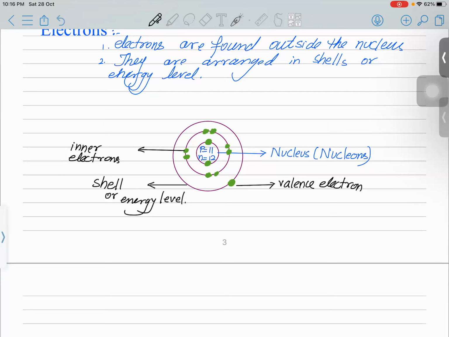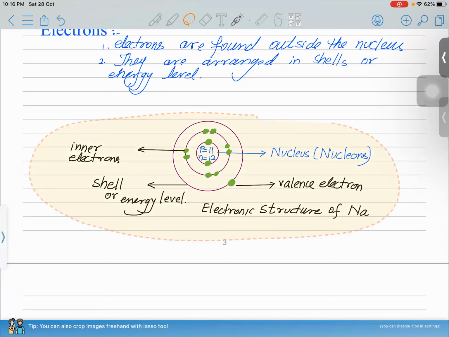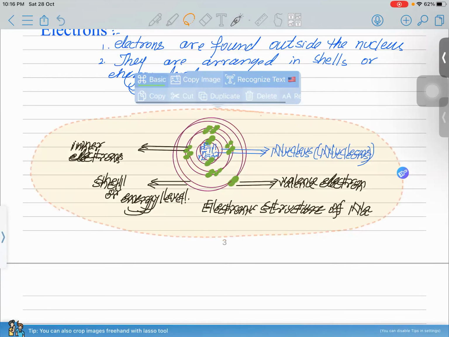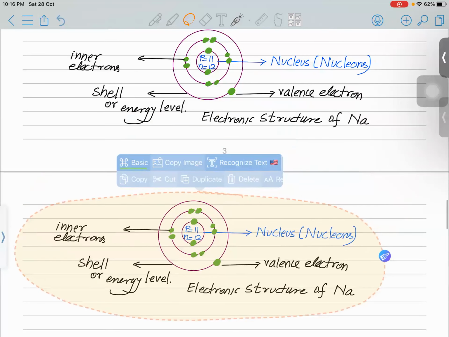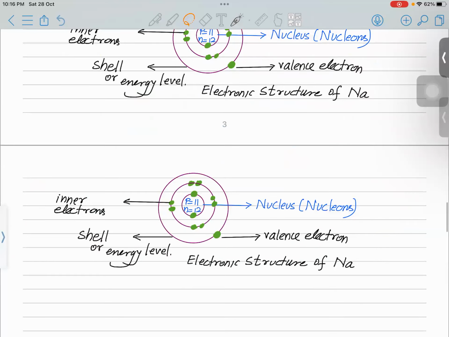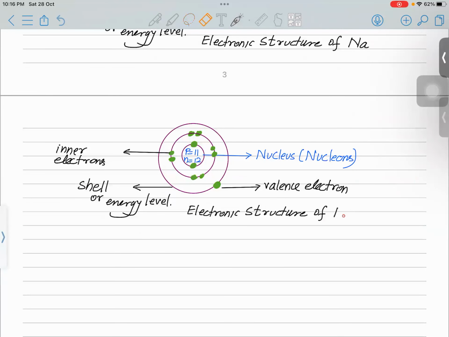So this structure is called the electronic structure. This is the electronic structure of sodium. Now look at another structure. This is the electronic structure of sulfur.